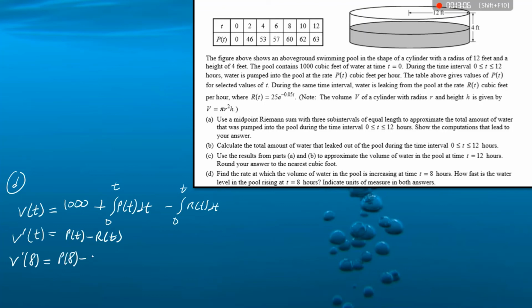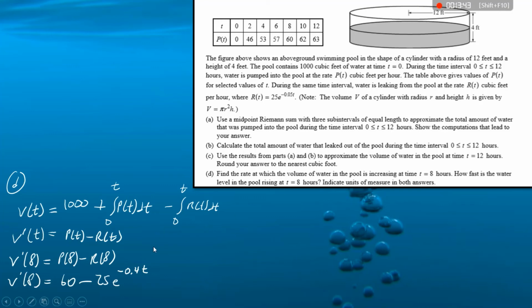So P(8) minus R(8), which is 60 minus, we have to plug in the number in R. Okay, I'm going to write that here before I go to my calculator. So P of 8 is 60, you said, minus 25 e to the negative 0.05 times 8.